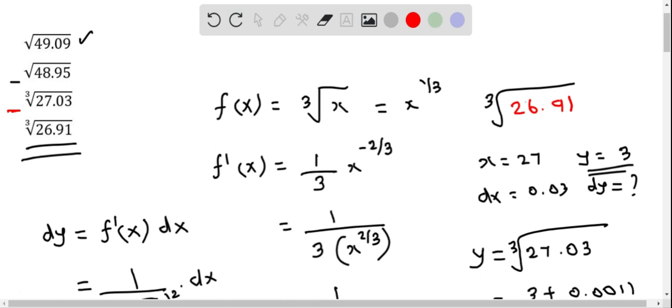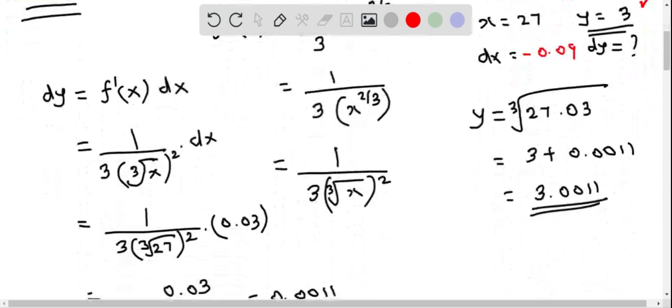However, dx will be 26.91 minus 27, and this is equal to negative 0.09. So I need to erase this and put negative 0.09. Once again, y is 3, because the cube root of 27 is 3. We have to find the dy.